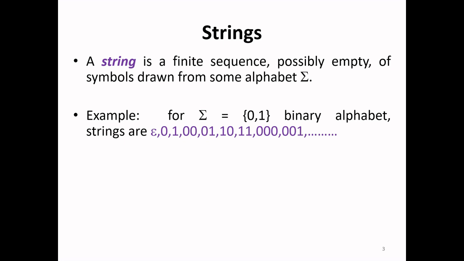For example, if we consider the binary alphabet {0,1}, the possible strings of this alphabet are: first, possibly empty, represented as epsilon; second, strings consisting of a single 0 or a single 1, or two zeros, 01, 10, 11, 00, 000, 001, and so on up to 111, then four zeros, and so on.